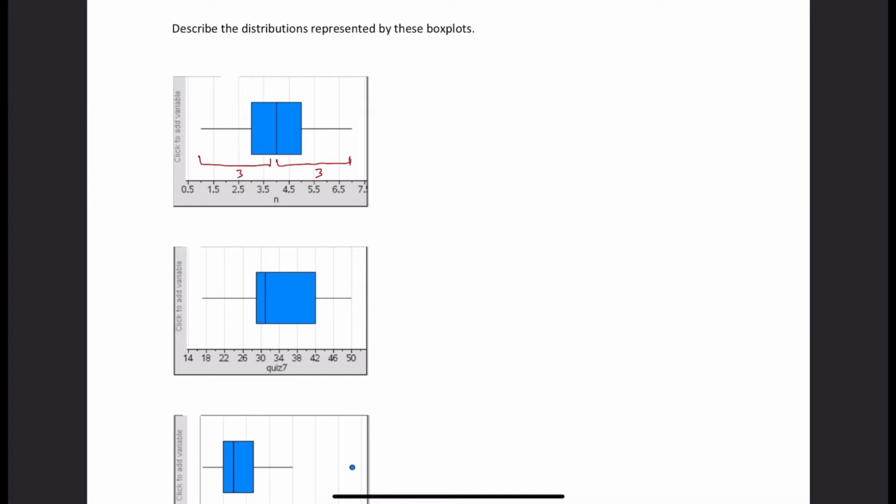And since that distance in between there is equal, that means that that distribution is roughly symmetric, that it has that equal sort of shape on both sides. So that distribution is roughly symmetric. And remember, this is where we're talking about socks again, so very similar to last week. So it's roughly symmetric.